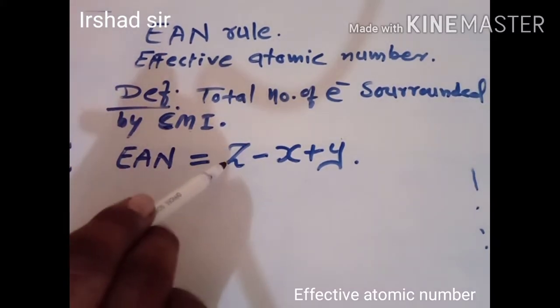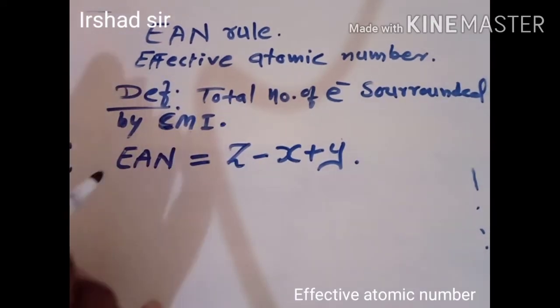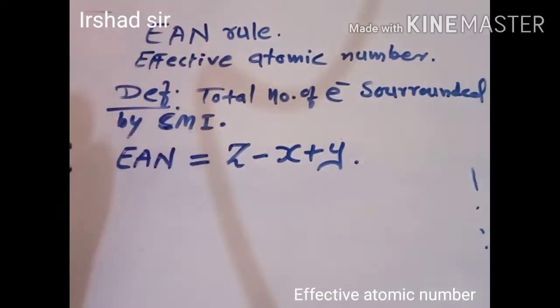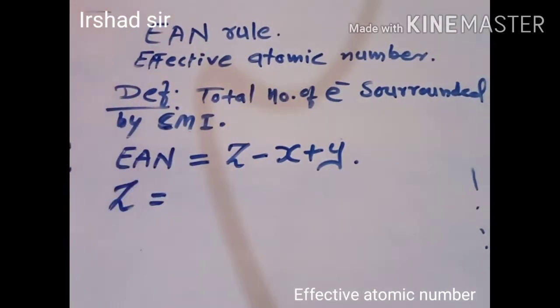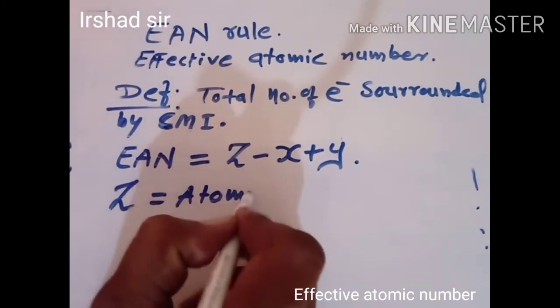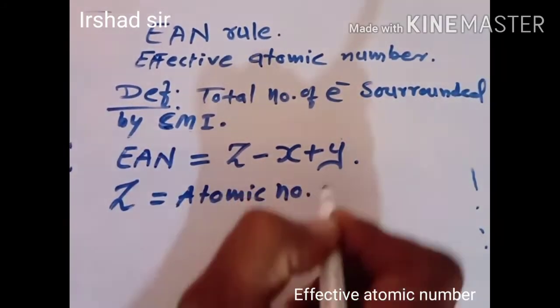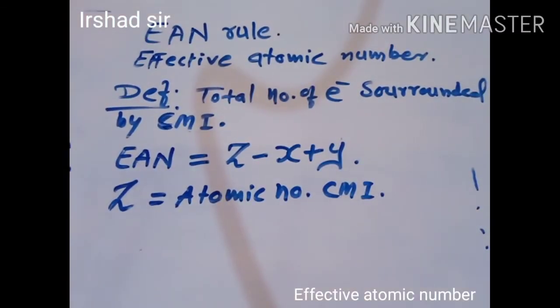Now we shall explain the symbols, where Z is the atomic number of the CMI, the central metal ion.